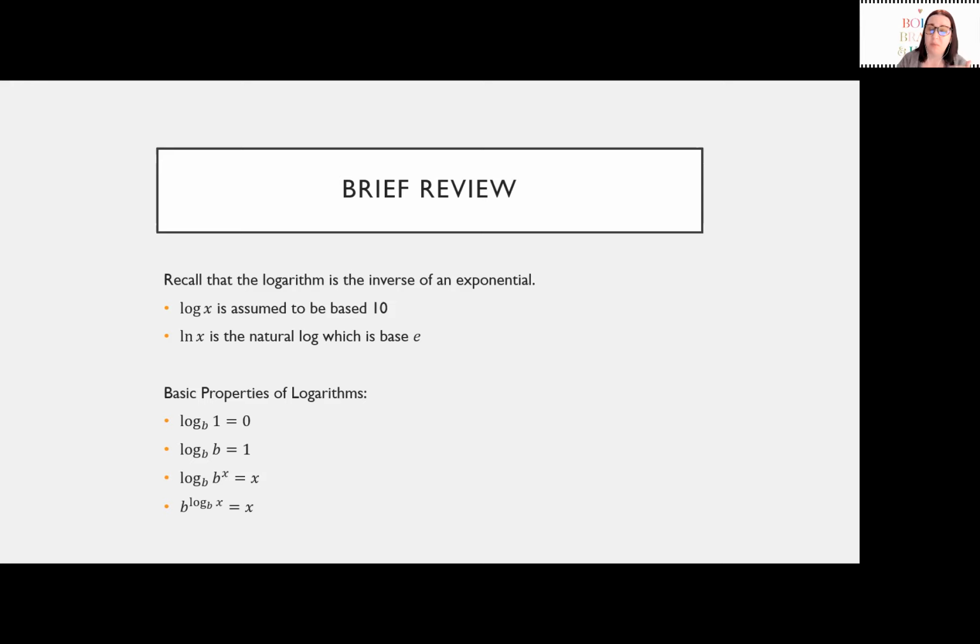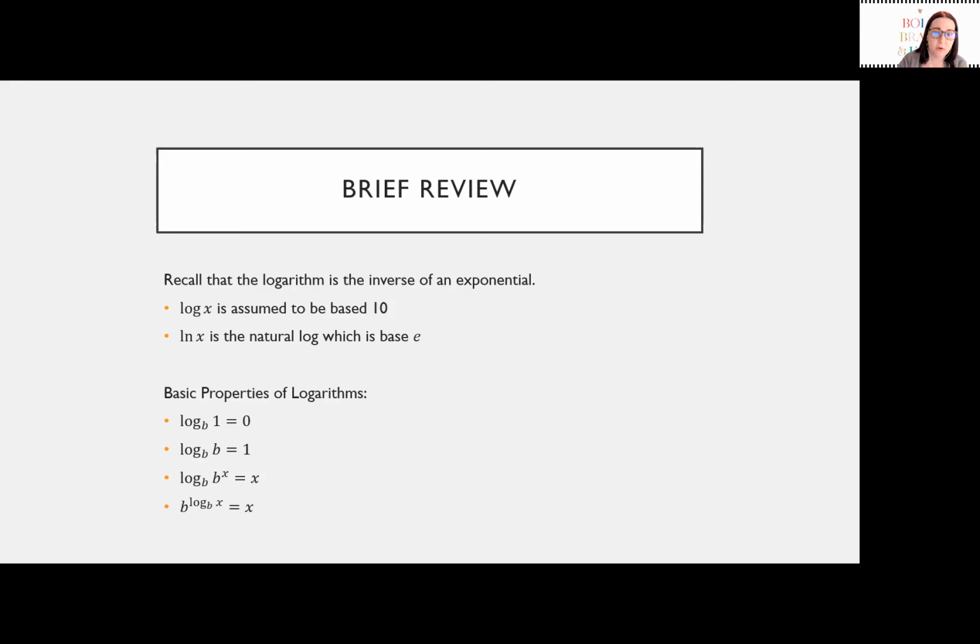There are 4 basic properties that you can use to simplify logarithms. The log of 1, any base, is equal to 0. If whatever you're taking the log of and the base match, that gives you 1, because they basically cancel out.